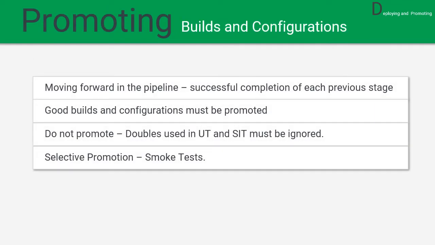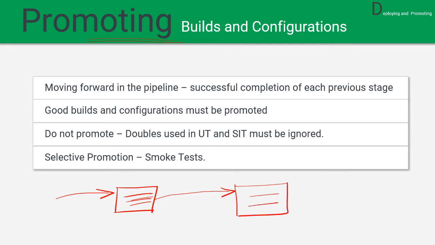Okay, so finally we've reached promoting builds and configurations, right? You may have understood by now what promotion means. In the last slide, we saw that there could be one stage, and from the stage, a build is tested. You take a build, you bring it to the stage, the build is tested, and if the quality is good enough, it moves to the next stage.